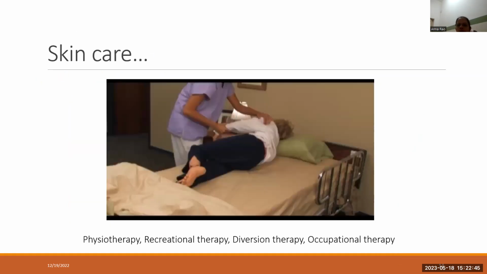What else? Patient should be lifted and shifted very carefully, particularly when we are doing bedding. Always teach the patient's relatives how to go about it, not to pull the sheets or the clothes. Changing of the clothes and all these things also matter a lot. Other things like physiotherapy, recreation therapy, diversion therapy are also very important.